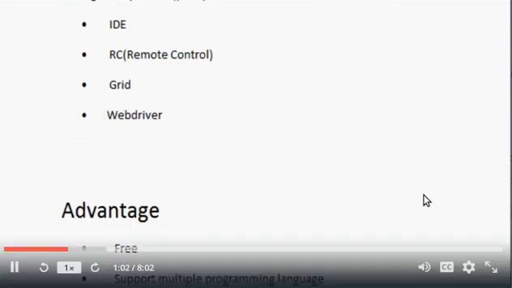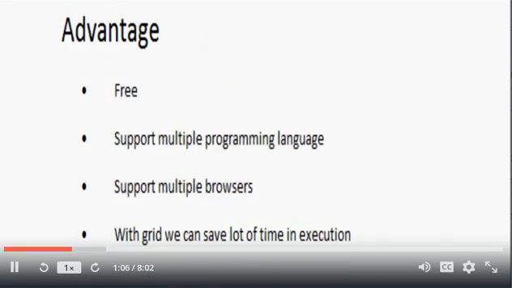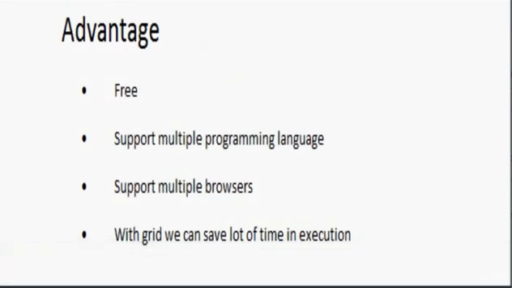Now we need to understand why Selenium is so popular in the market. Because we have many other tools in the market, but why is Selenium getting so much popularity? These are the few advantages of Selenium. First and the biggest advantage, it's free.